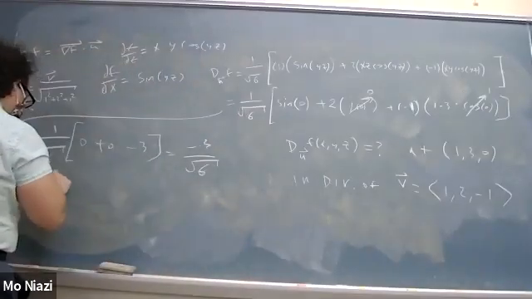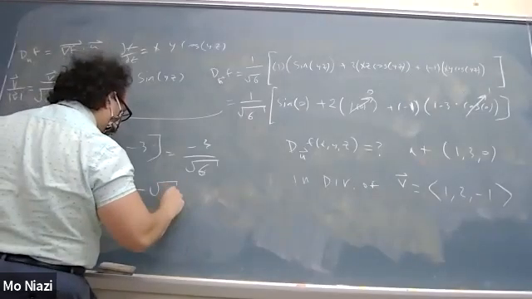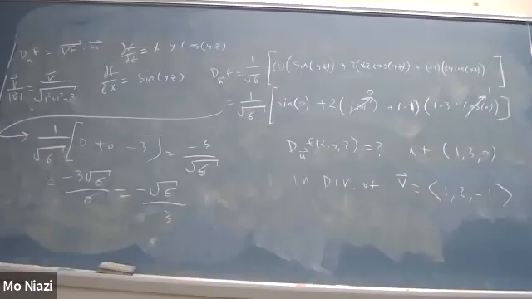We can rationalize the denominator to get this, which reduces to, right?